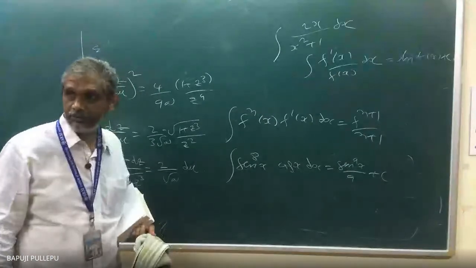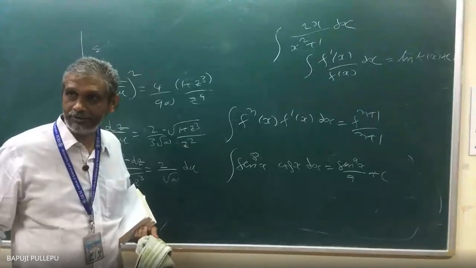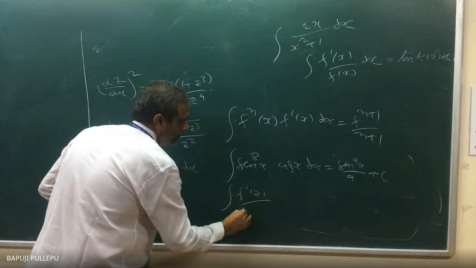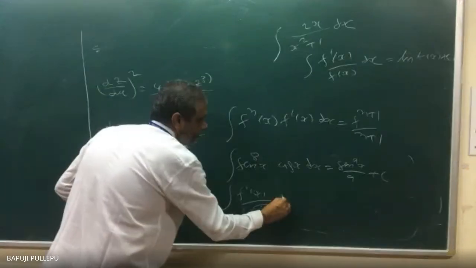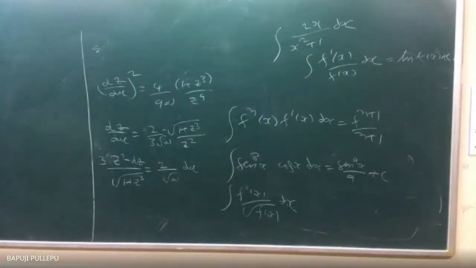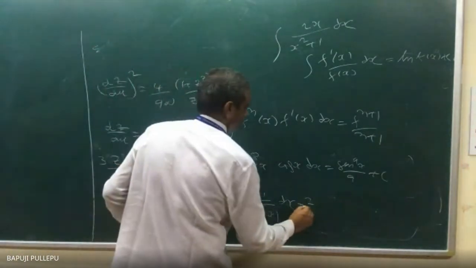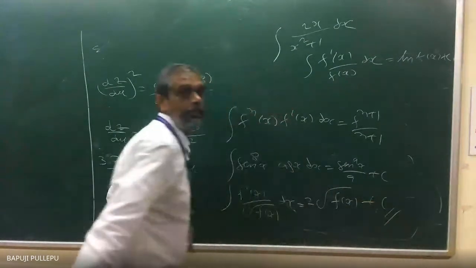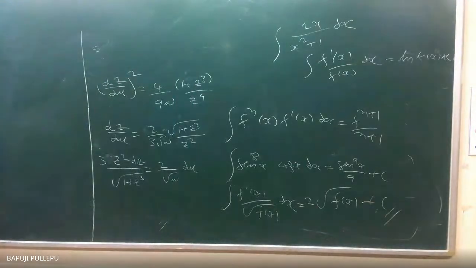Correct? F dash x by root of f of x means, now 1 by root x integration, what you are telling? 2 root x. If you remember these three formulas, maybe you will escape 50% of substitutions.